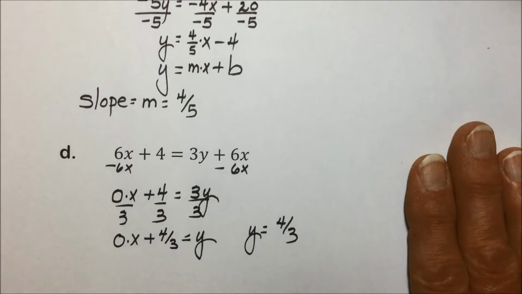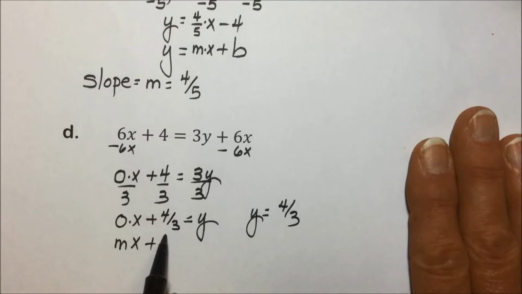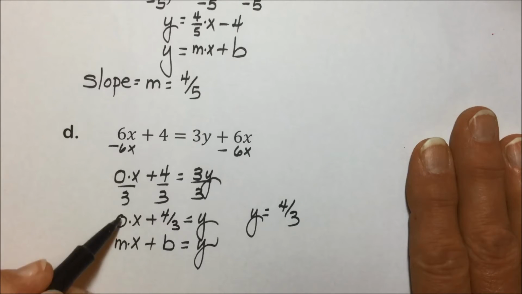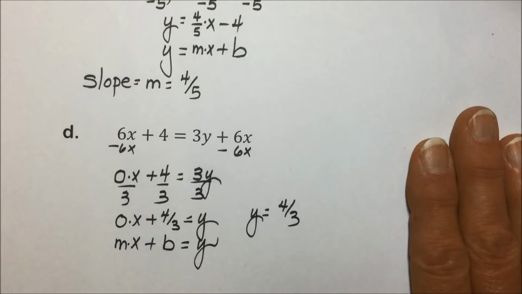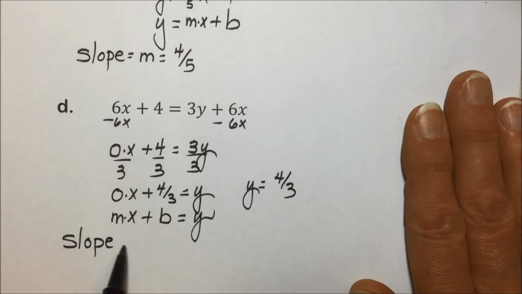This is a special type of line that we will take a look at in the near future, but our mission right now is to determine the slope of this line, and we have it in the form of mx plus b is equal to y, where our coefficient on the x term is 0. So we have a slope that is equal to 0 for this particular equation.